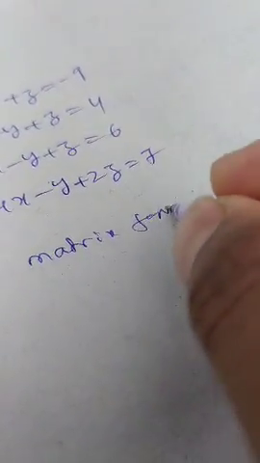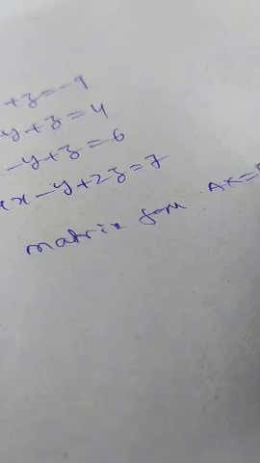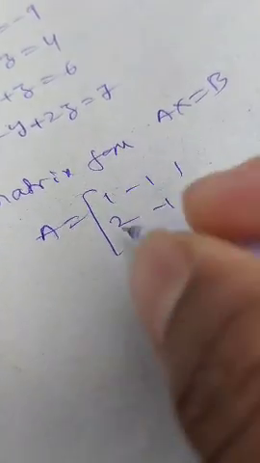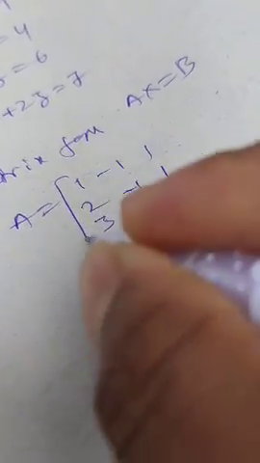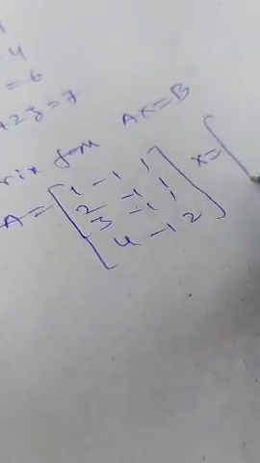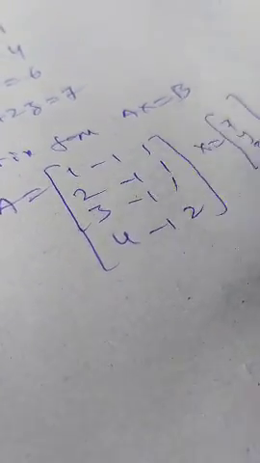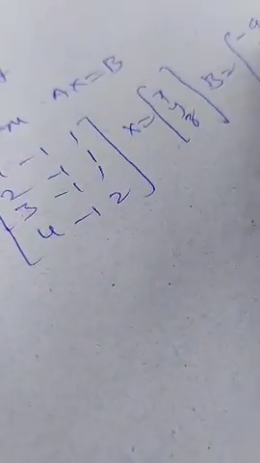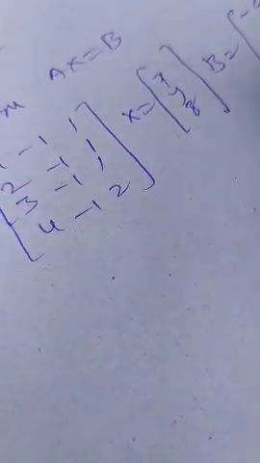So the matrix form is Ax equal to b. A matrix is 1 minus 1 1, 2 minus 1 1, 3 minus 1 1, 4 minus 1 2. X is x y z. B is minus 9, 4, 6, 7.